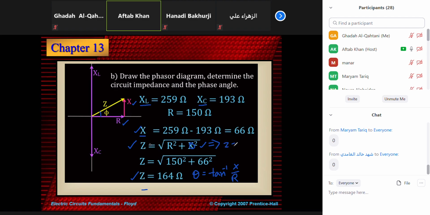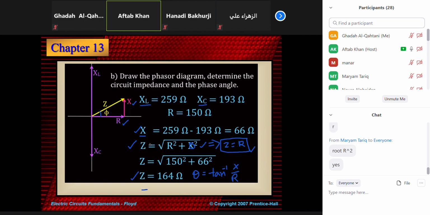Impedance. Impedance will be R, right? Impedance will be R. It means the circuit will appear to be a resistive circuit. Am I right?